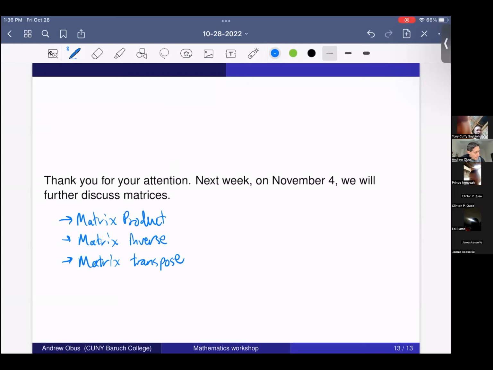And if there's time, there may not be, also the determinant of a matrix. Most of the rest of the class is going to be about matrices, and we're going to relate matrices with vectors, and with all kinds of geometry. Okay, so I think that's it for today.